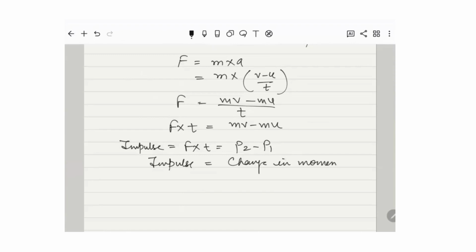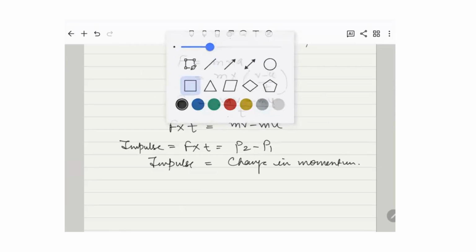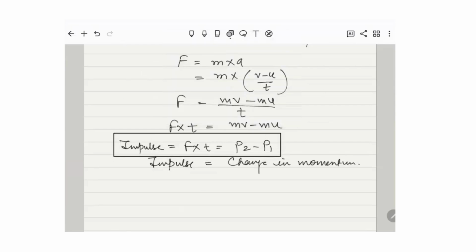Okay. So change in momentum is called impulse. Delta P, P2 minus P1. This is change in momentum and this is called impulse. And it is equal to the product of the force and the time for which that force is applied on the body. How long the force was applied, right? That is the impact and that is the impulse. Okay?